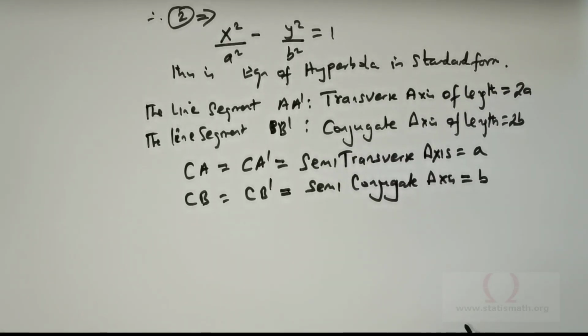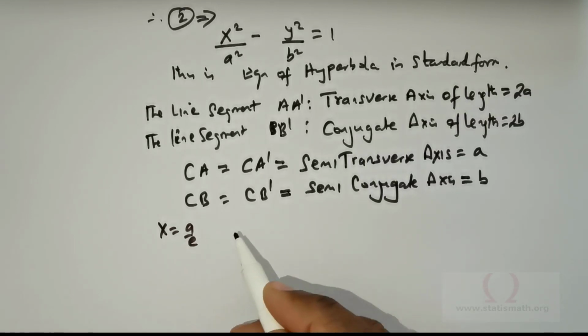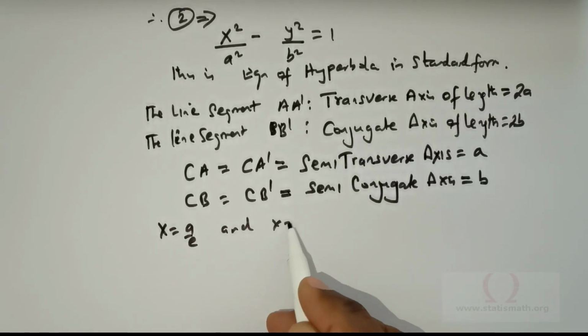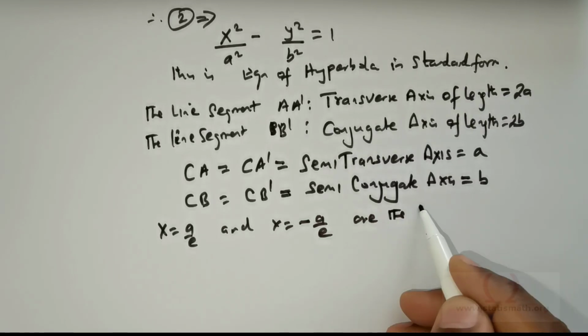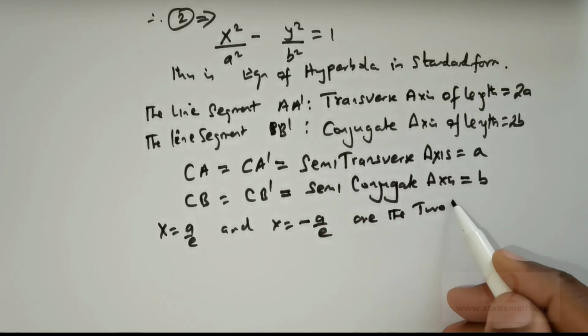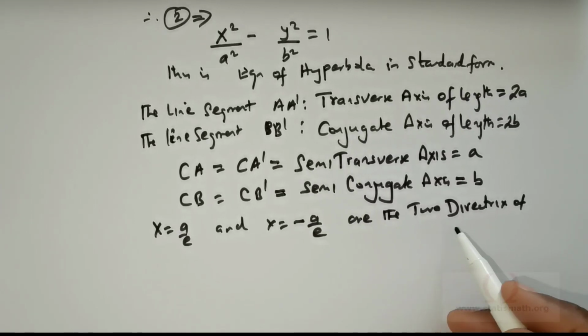Now the equation of the directrix: x is equal to a over e and x is equal to negative a over e are the two directrices of the hyperbola.